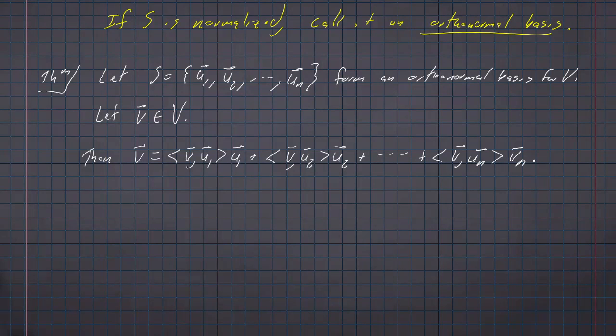The reason that an orthonormal basis is so valuable is that it is very simple to figure out what the coefficients of that linear combination are. They are simply the inner product of that vector with each of the vectors in the basis.